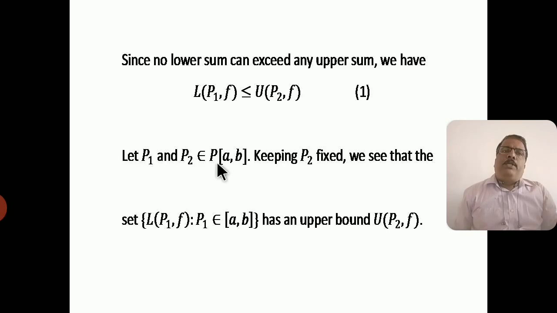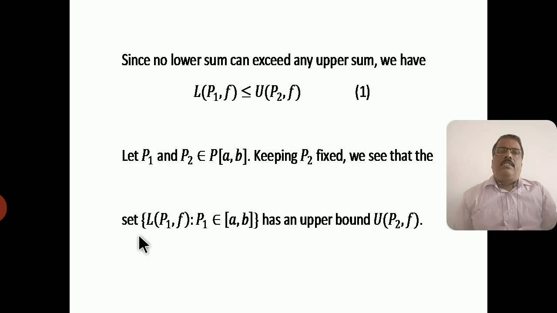Then let P1 and P2 belong to P([a,b]). P1 and P2 are different partitions which belong to the set of partitions P([a,b]). Next, keeping P2 fixed, we observe that the set of lower sums of the partitions P1 has an upper bound U(P2,f), because from equation 1, L(P1,f) is less than or equal to U(P2,f).